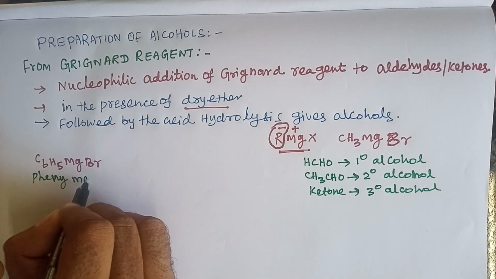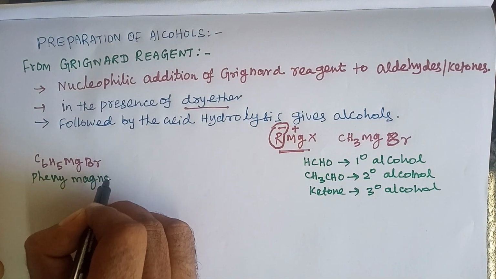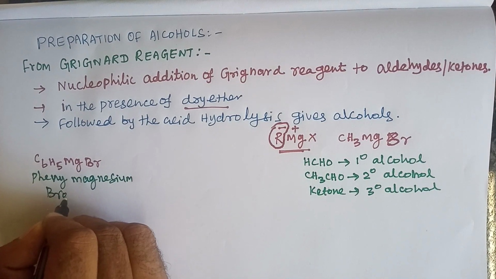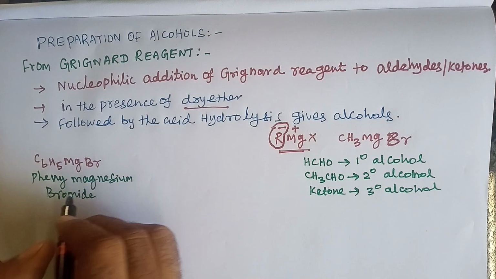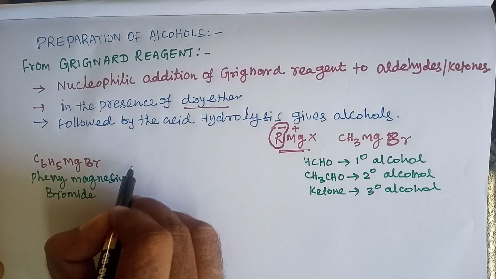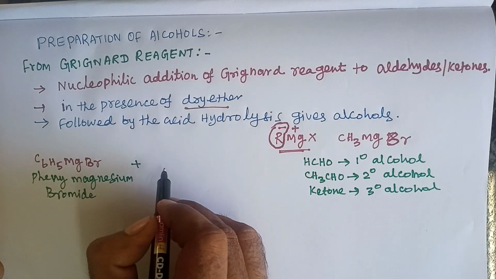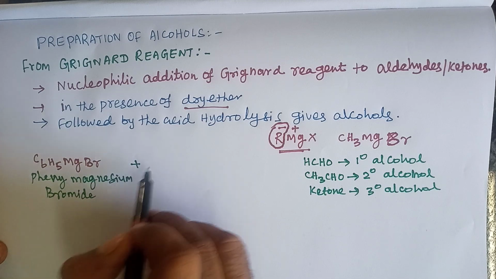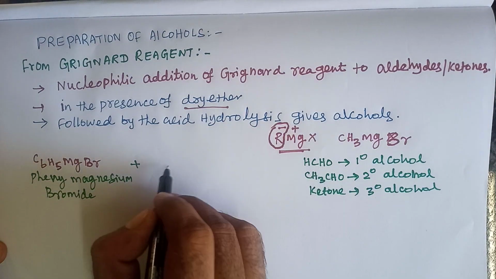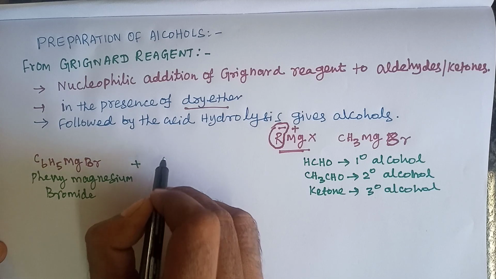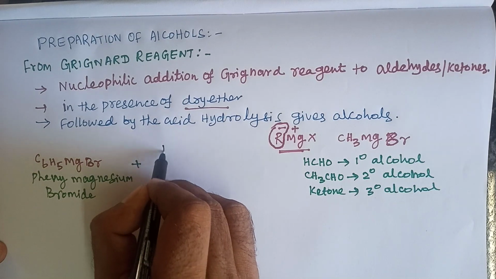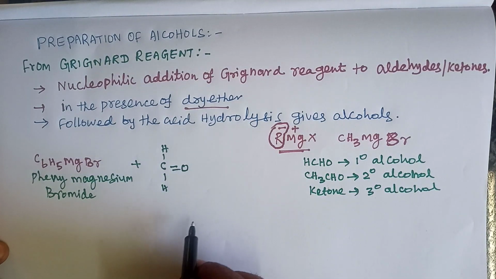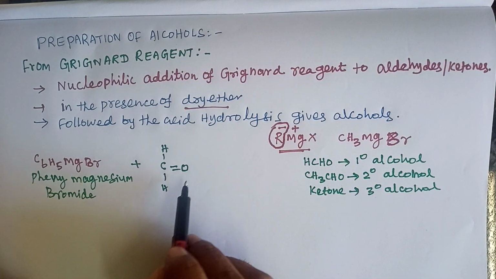This is treated with, for the preparation of primary alcohols, formaldehyde. We write the formaldehyde like this, with a double bond. This is HCHO.